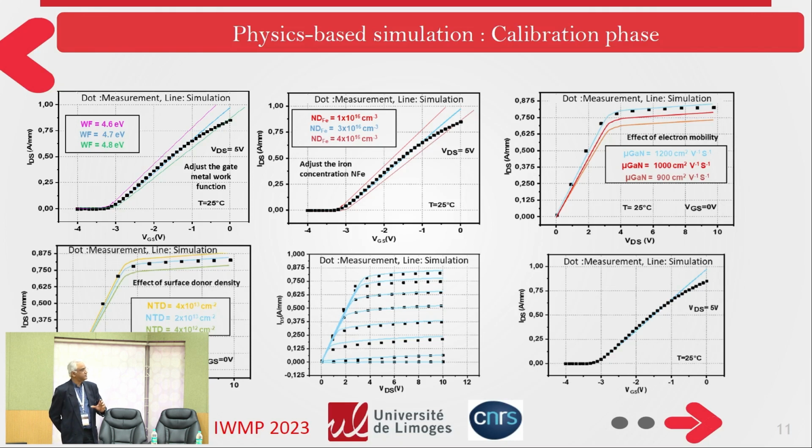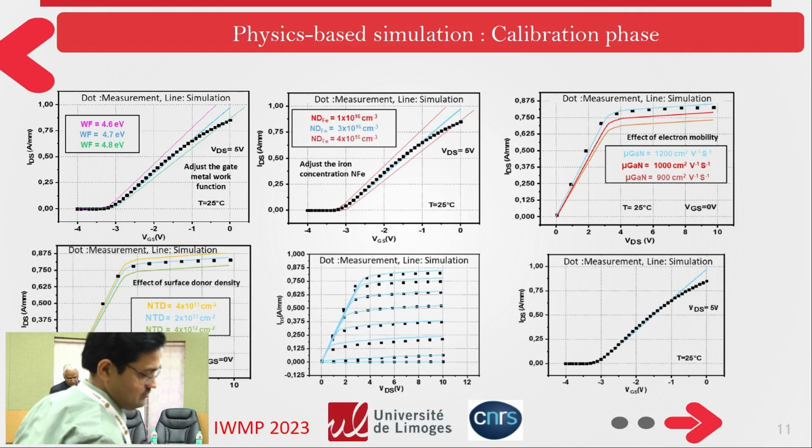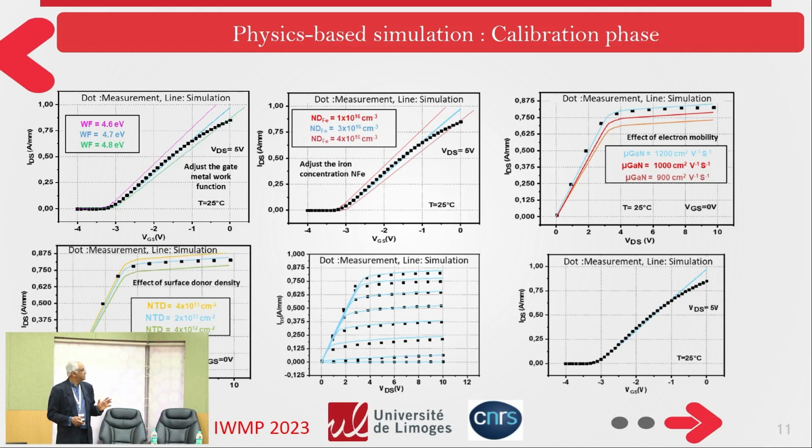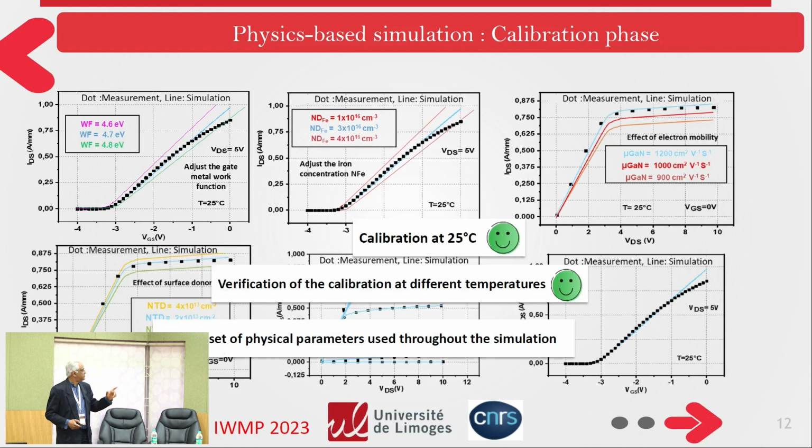To match exactly is difficult, but we want it as close as possible. We did this first for 25 degrees Celsius, and then we also did the calibration at different temperatures. I don't show this kind of slide for different temperatures, but we verified the calibration at different temperatures.